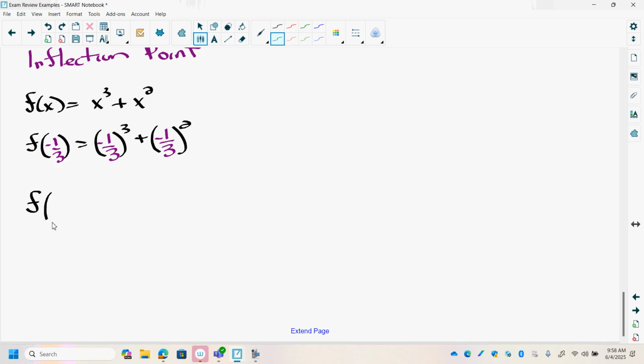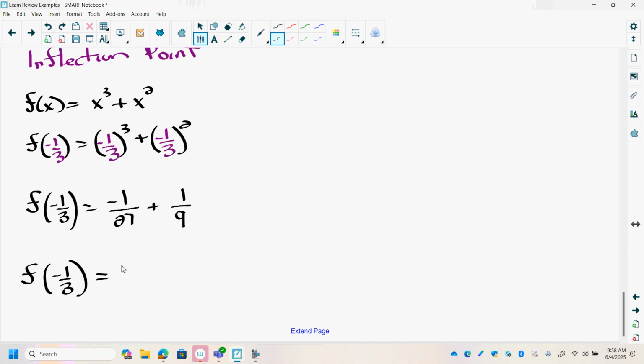What do we get? What's negative 1/3 cubed? 3 cubed, we already did it above, 27. Negative 1/3 squared. 3 squared, we already did it above, 9. How do I add these? Common denominator.